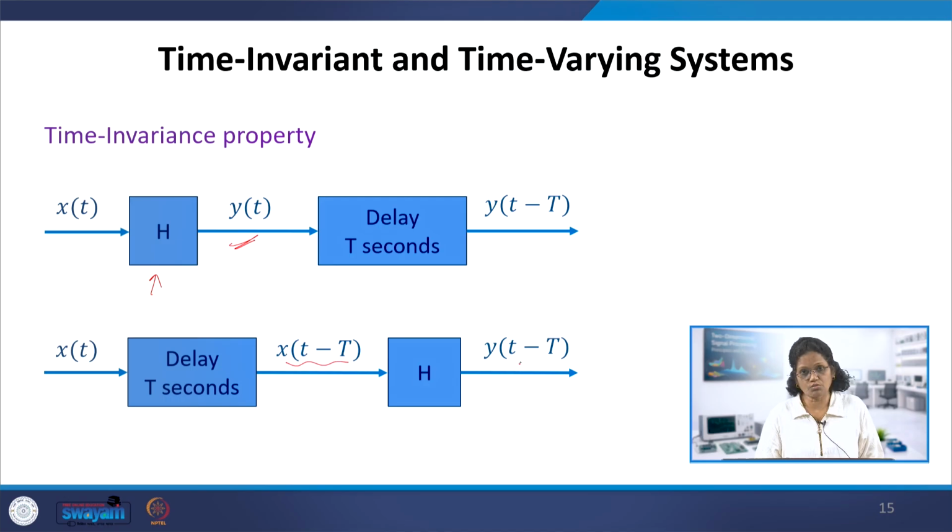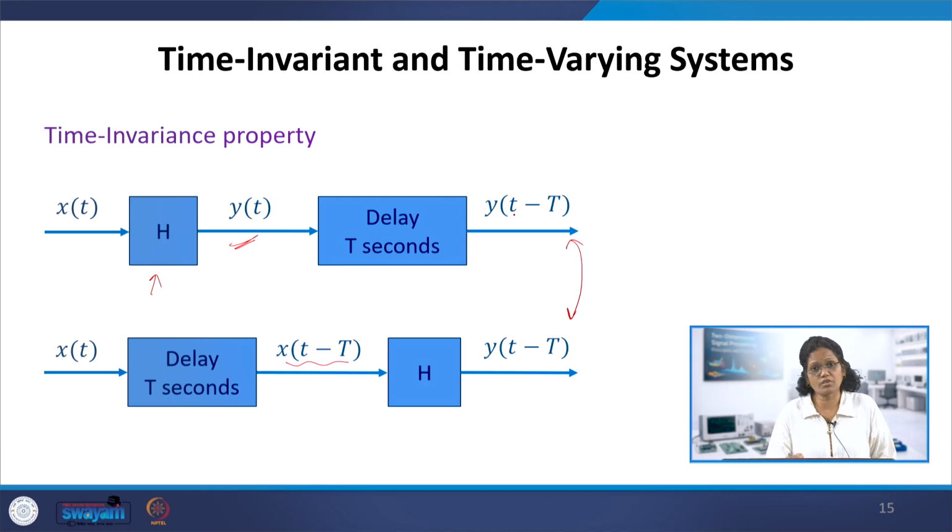Then it would give y of t minus T. So both must be the same, whether the input is given to the system and then the output delayed, or the input is delayed and then given to the system. If these two outputs match, then the system is time invariant.